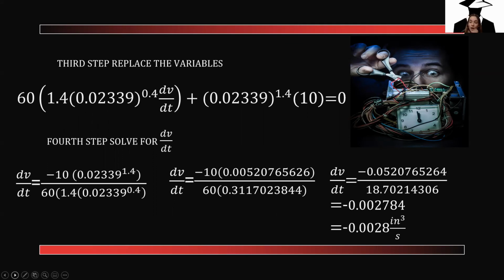So we pass it to the other side, dividing, and that would equal negative 10 times 0.02339 to the 1.4 divided by 60 times 1.4 times 0.02339 to the 0.4. Once we solve the equations, we multiply the top and the bottom and divide top by bottom. It will give us that the rate of change of volume equals negative 0.0028 inches cubed per second.